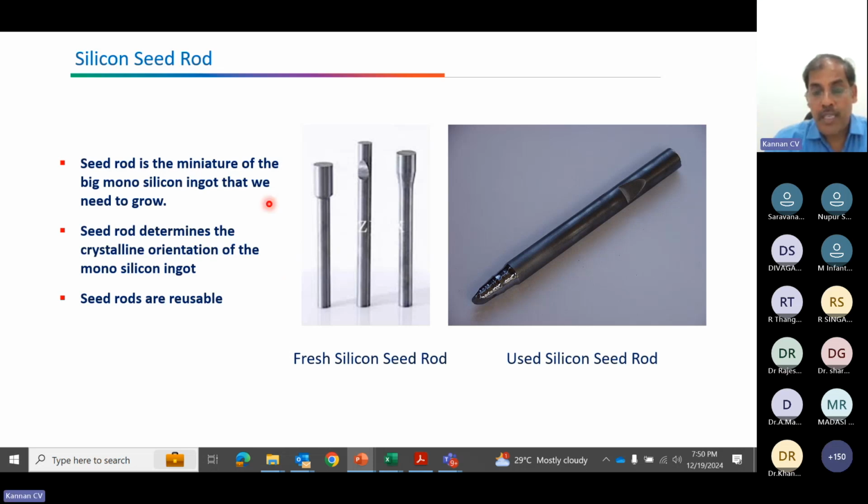So this is the initial seed. Normally it will be like this. It will be fed into the chuck so that the seed will not fall down, and it starts melting and makes contact with the melt. And this small seed can hold even a crystal weight of more than 300 kg or 400 kg. Initially it will be like this, and after usage the bottom side will be like this.